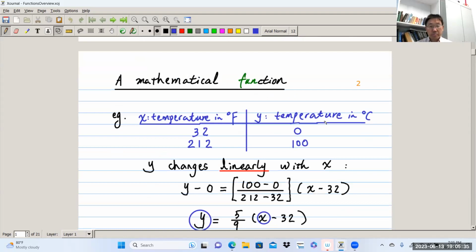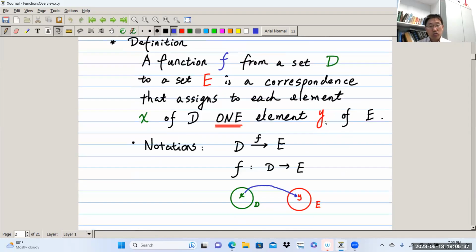So here is the definition of a mathematical function. A mathematical function is a number machine, and this number machine maps each element from a collection, a set, say set D, to an element, say y, in another set.